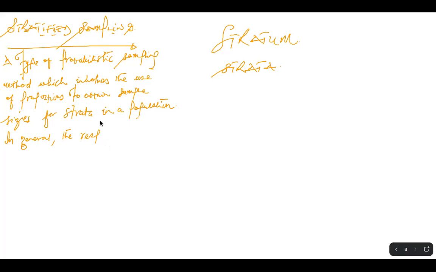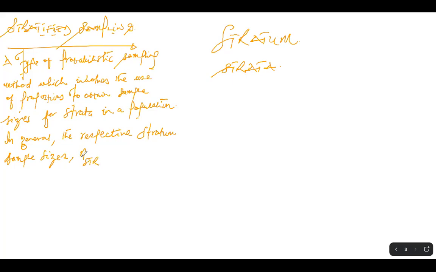In general, the respective stratum sample sizes we call n_str.